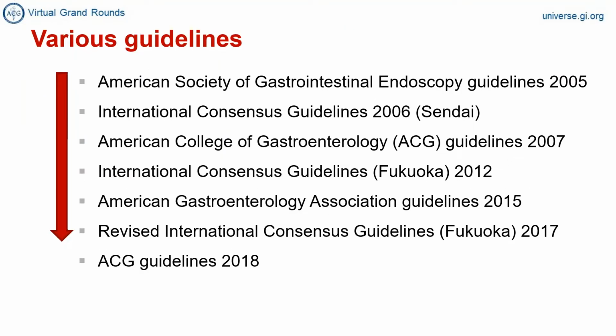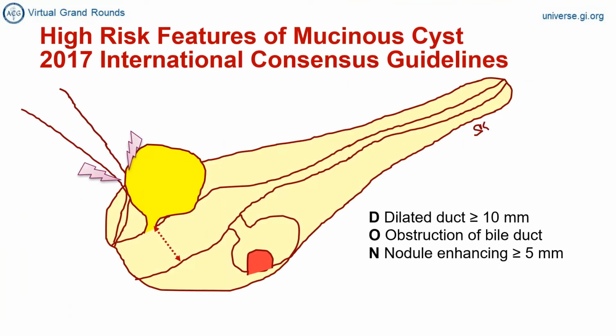Because of these challenges in reaching an optimal diagnosis in evaluating pancreatic cystic lesions, there have been various guidelines through the last 10 to 15 years. Most endosonographers follow the International Consensus Guidelines revised in 2017, which include high-risk features: a dilated duct of more than 1 centimeter, an obstructed bile duct, or a solid enhancing nodule measuring more than 5 millimeters.